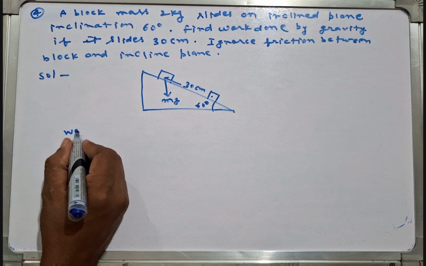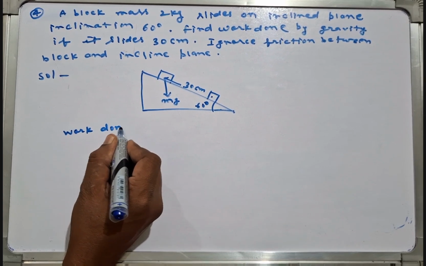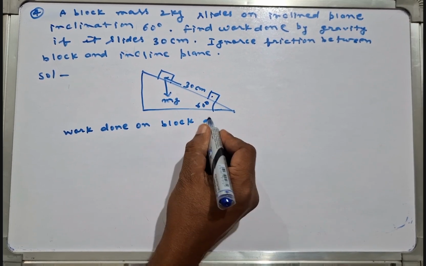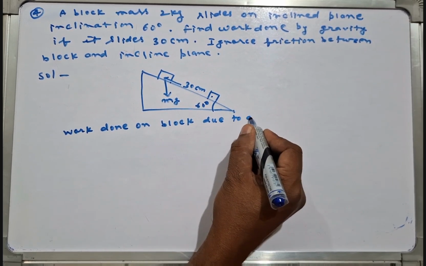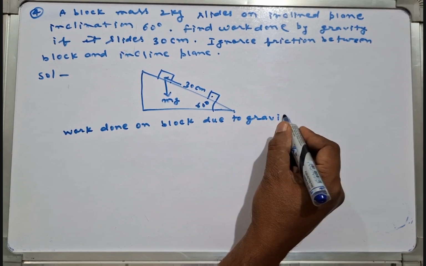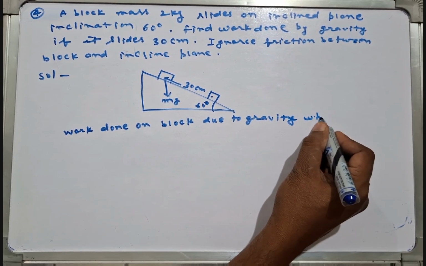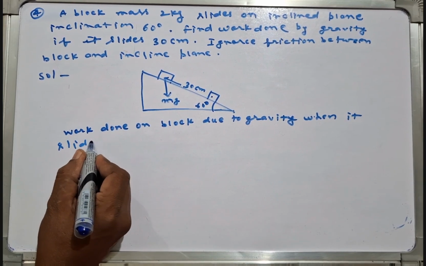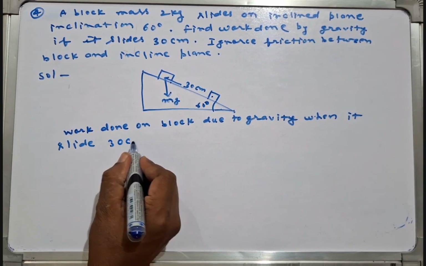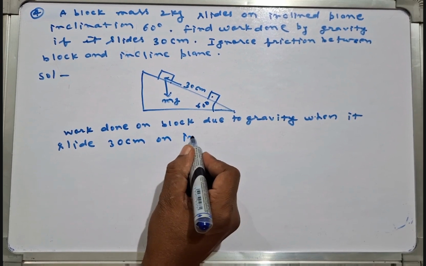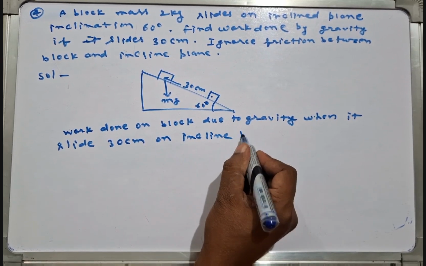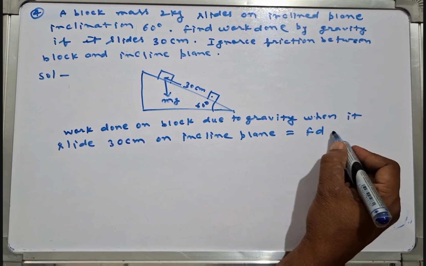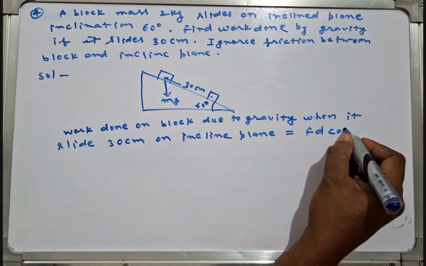So work done on block due to gravity when it slides 30 centimeter on inclined plane is equal to force into displacement into cos theta.